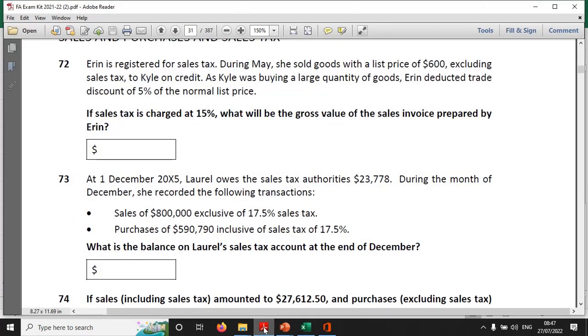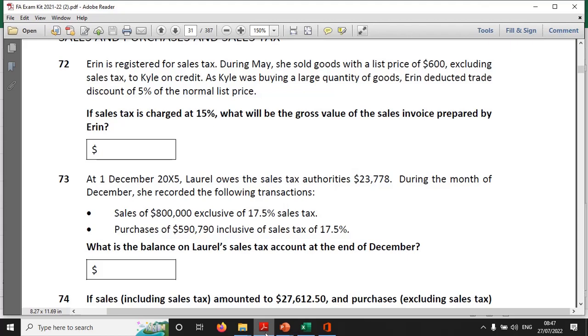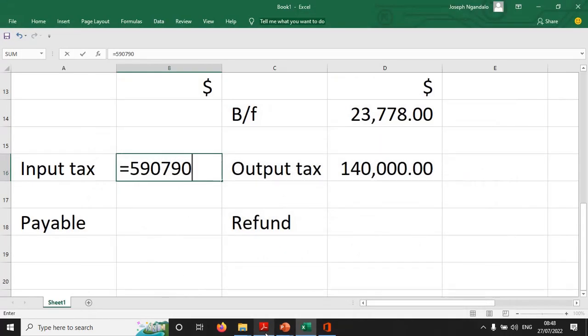Purchases of how much? 590,790, inclusive. You understand that? That's where the work is. We said 590,790? Let me check again. I don't want to be caught on the wrong side. That's correct. Multiplied by, now listen to this.